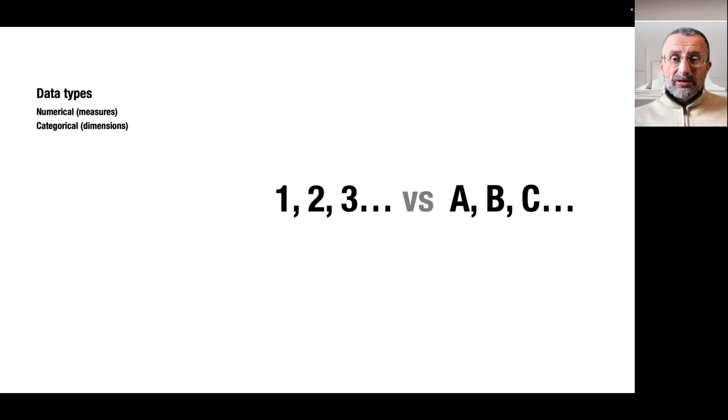The key point here is to explain to you the importance of the distinction between numerical variables and categorical variables. As you will see, this is important for two things you'll see in the future, let's say 10 minutes from now.